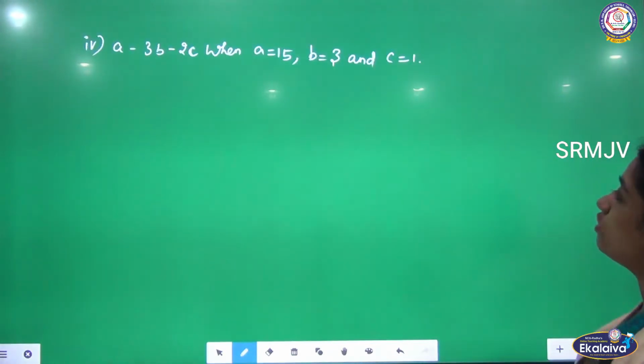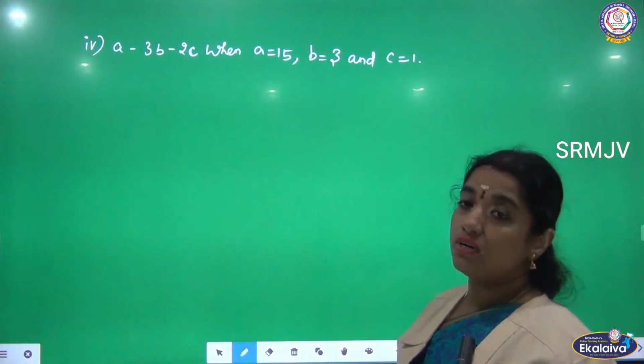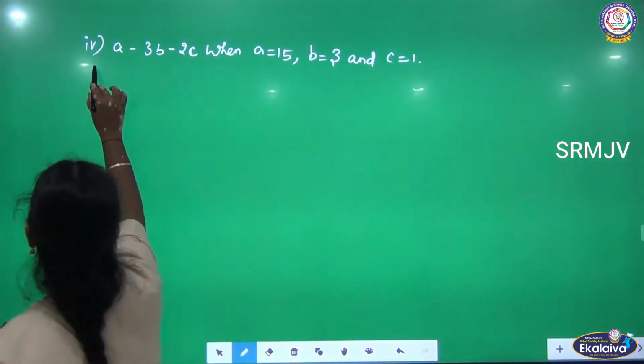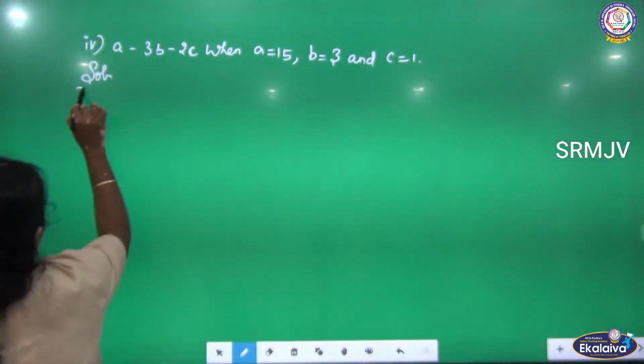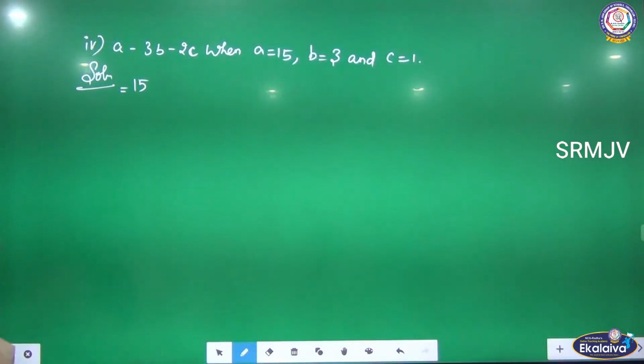Now I will move on to the second sum. Same thing, I am going to substitute the values here. What is given for A, B, C. Listen, here my A is 15. So substitute the 15 as it is. Got it?